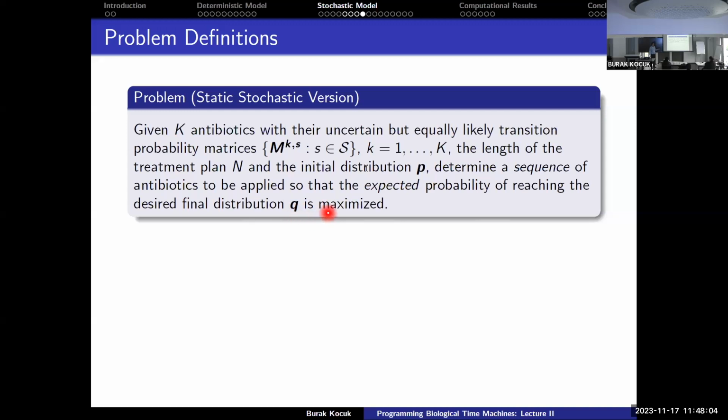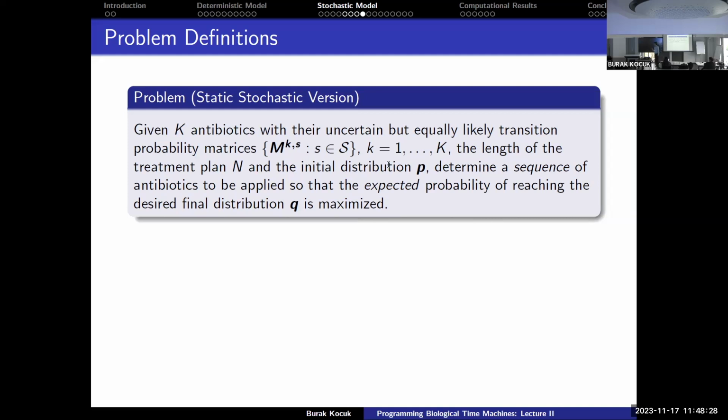And your task is to find the sequence that will maximize the expected product. I want to use this expected term here, because each sample might give you different values. Then you have to make a decision which will maximize the expected performance.